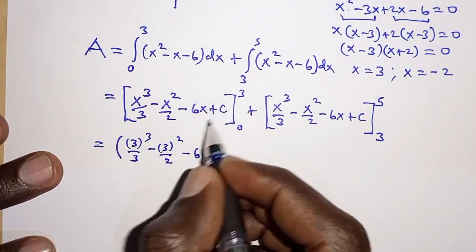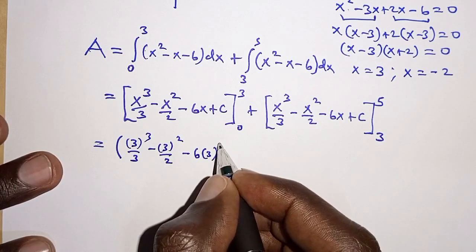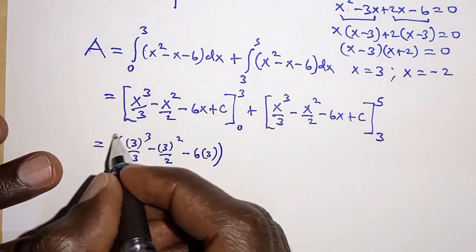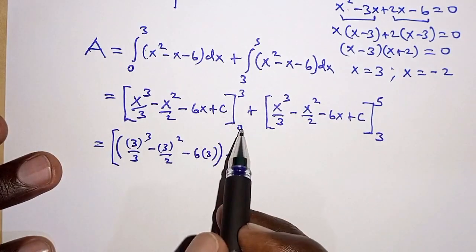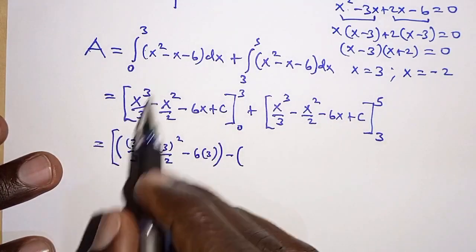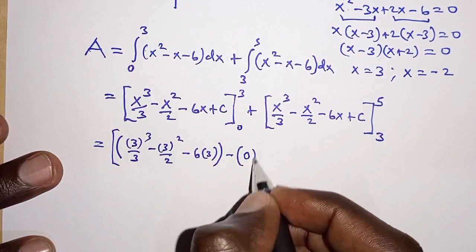Now for this case, we can even ignore c because in the end it will disappear. And then we'll have to subtract. So for the second bracket, we have 0 substituted. That means each and every term will go. So we'll have 0.